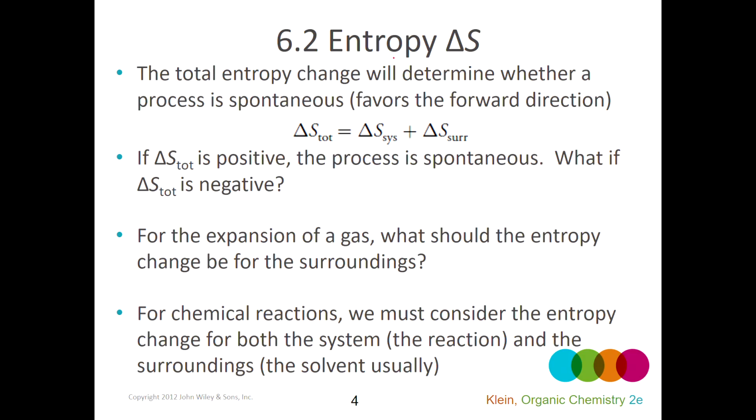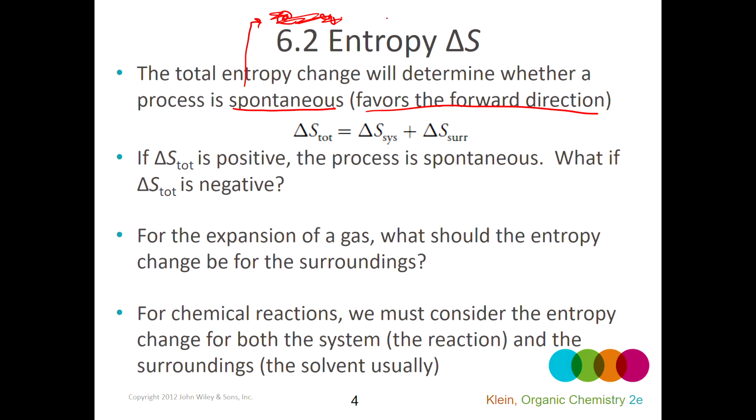If we want to determine whether a process is spontaneous, meaning it's going to happen in the forward direction, actually, let me change that. If we're talking about spontaneous under standard conditions, that would mean at equilibrium we have more products than reactants.